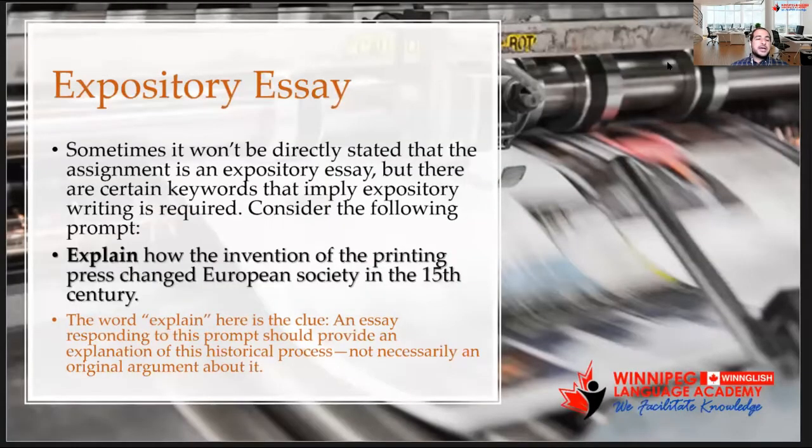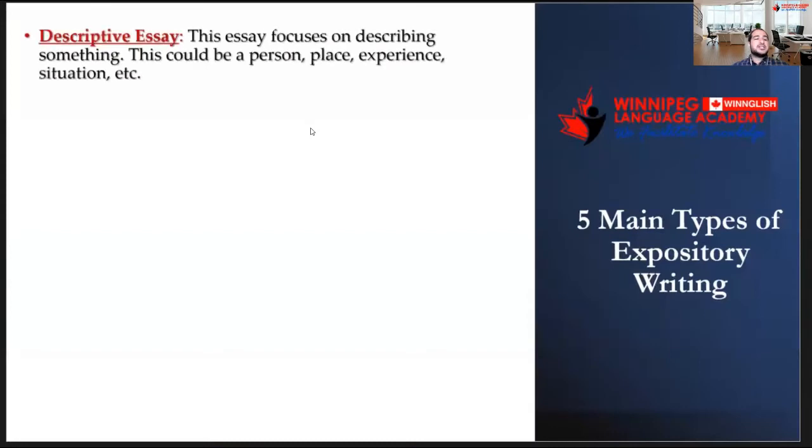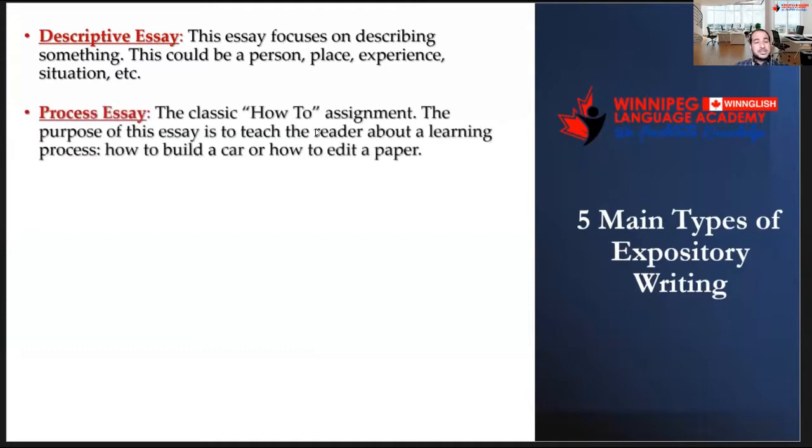And also, we mentioned that usually you find words like "explain" or words like "state" or sometimes you can get a descriptive essay. Because we mentioned before that expository essay includes descriptive essays, and these are the essays that focus on describing a person, place, experience, or situation, a process, how to do something, including how to cook something or how to create something, including cars or writing a draft, maybe.